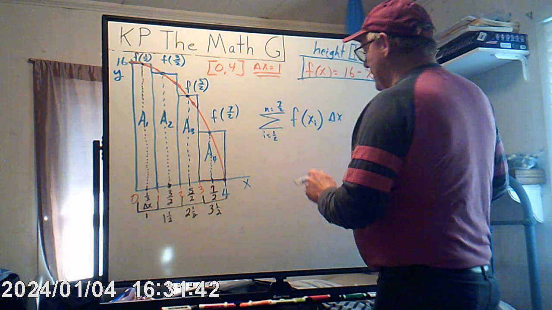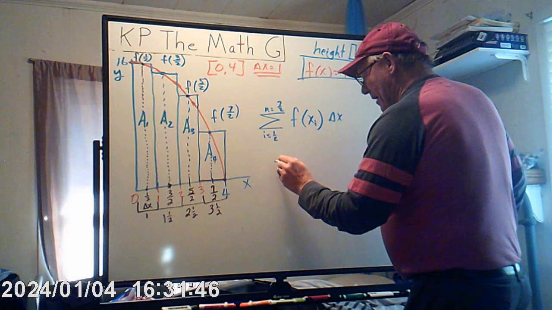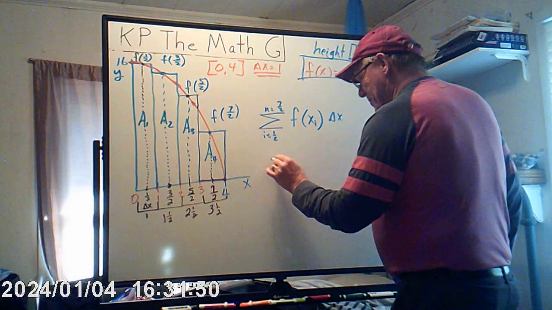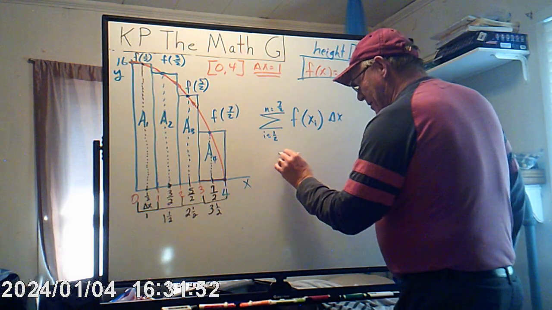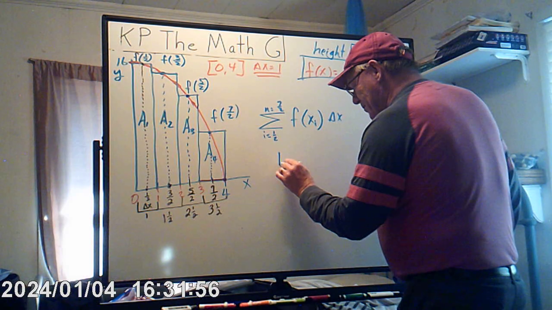So let's go ahead and get started here. We're going to add them up. Delta x is 1, so the first area is 1.